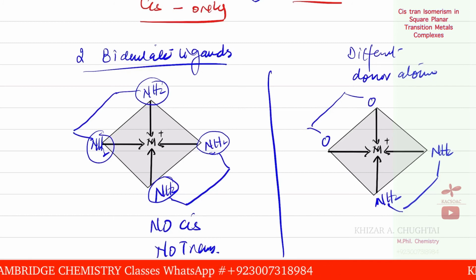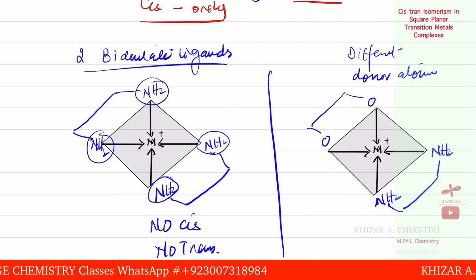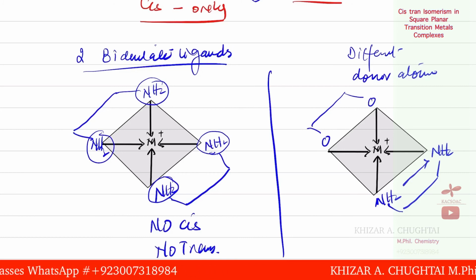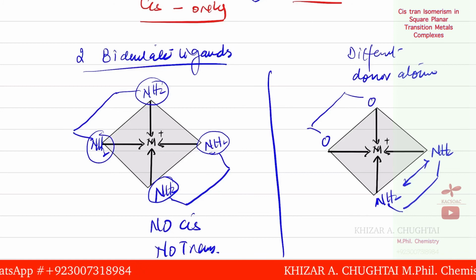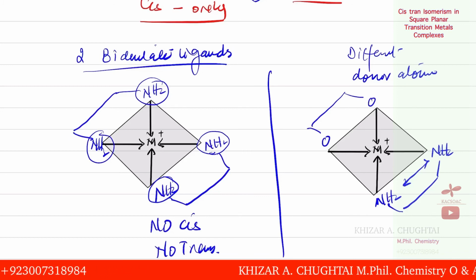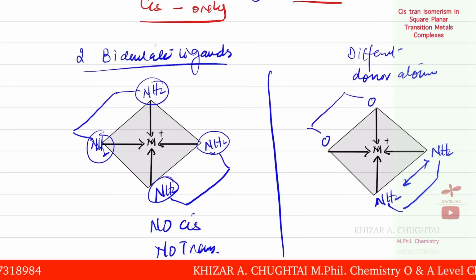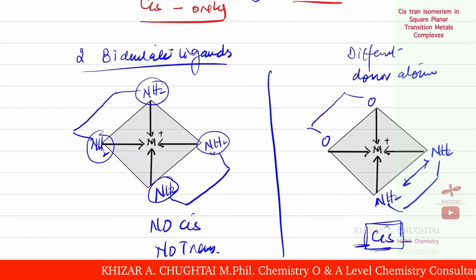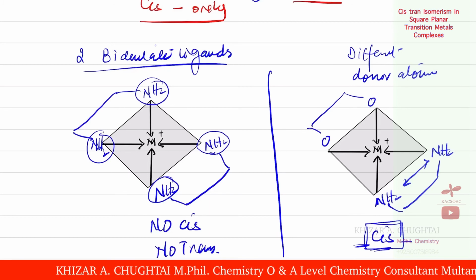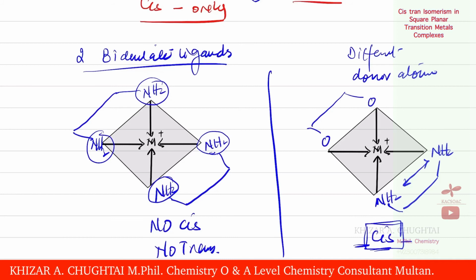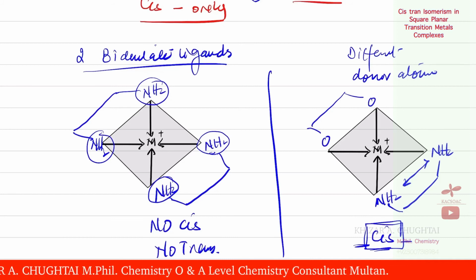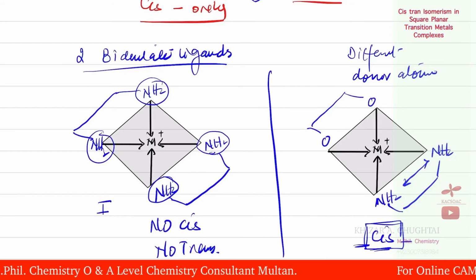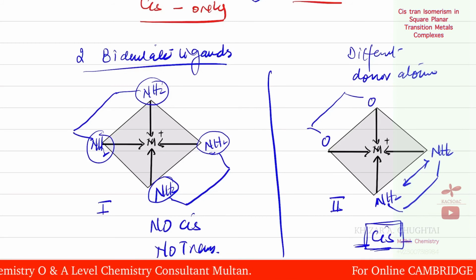So now there are two different bidentate ligands, but each ligand has the same donor atoms. So this complex may exhibit cis only, and no other arrangement is possible. This complex will show the cis isomer only. The first possibility for bidentate ligands was no cis, no trans. The second possibility was cis only.